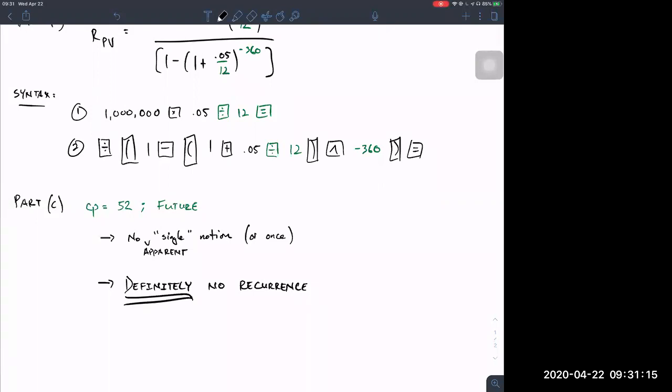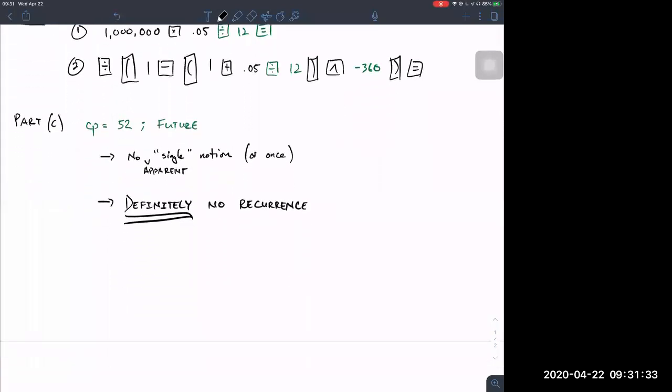So from here moving forward, you'll start seeing these problems. When we first introduced them, I was very explicit in terms of the one time, the single time, whatever. But now I'm having you dig a little bit deeper to remember the core differences. So for part C, it may look like, oh, I'm not sure, it's future, it could be one time or multiple times.